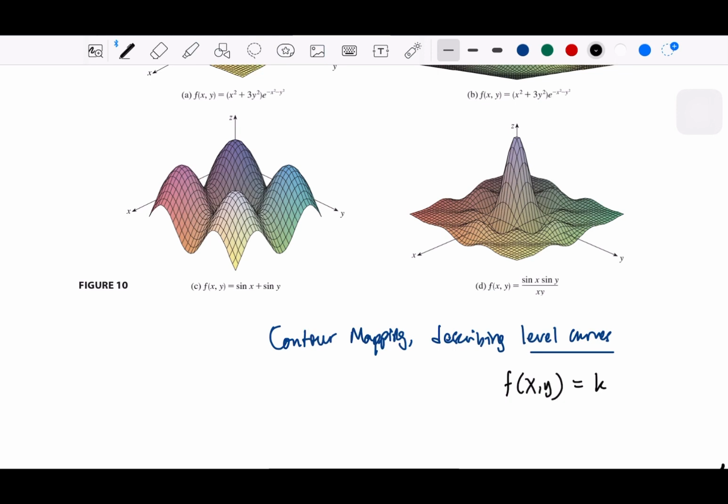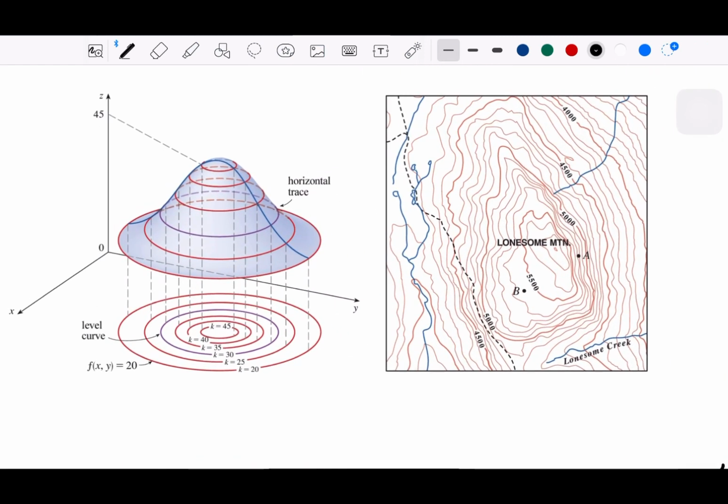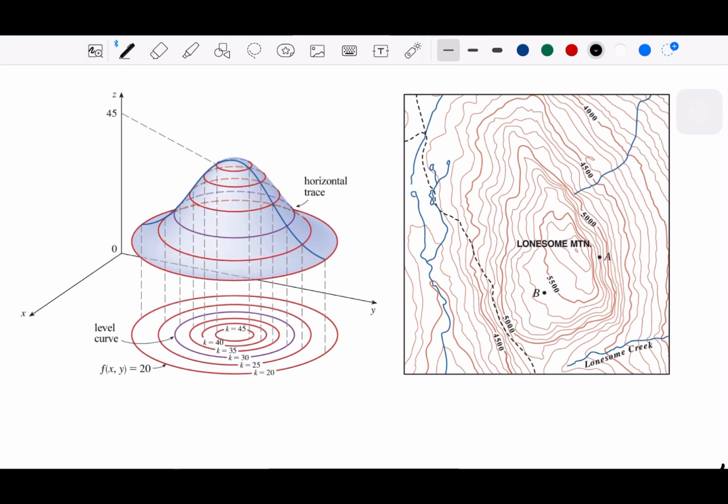We can project some of the contour mapping in models with a function of 2 variables. We model the position, which is xy, and then set it equal to some constant to describe the height.